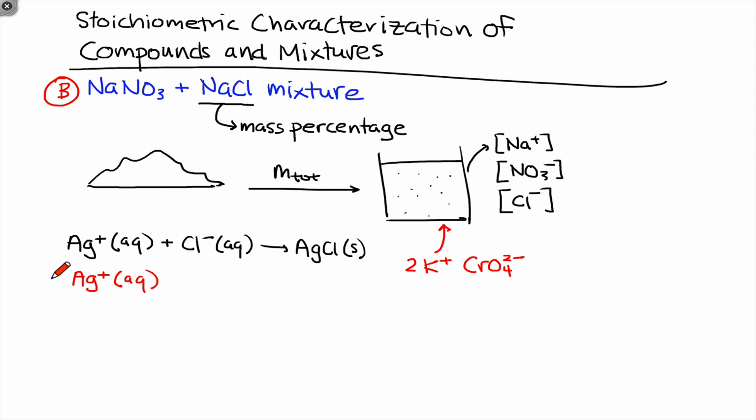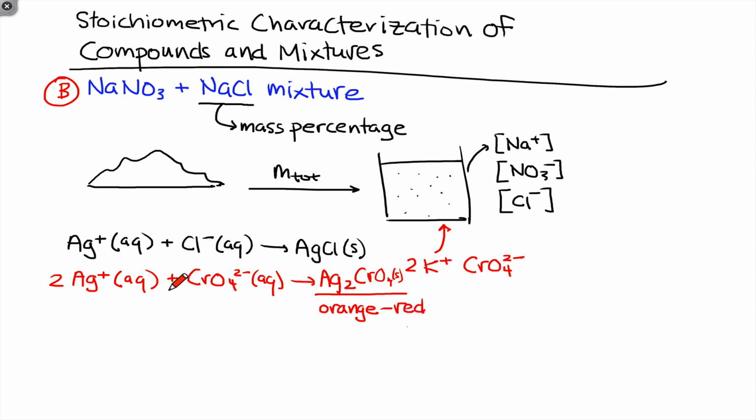Specifically, the silver cations, specifically two of them, are going to combine with the chromate anion, CrO4 2-, to create an insoluble orange-red precipitate of silver chromate, Ag2CrO4 solid. This orange-red precipitate is going to be indicative of the endpoint of the titration, since it's only going to appear just after we've consumed all the chloride in the solution, and the Ag+ has no choice but to pair up with the chromate anion to form Ag2CrO4.